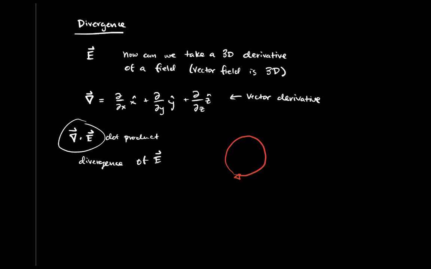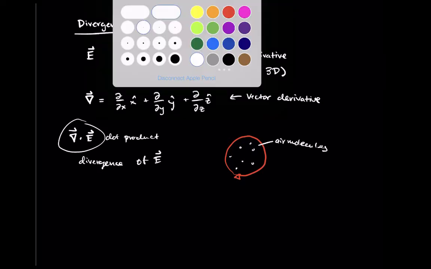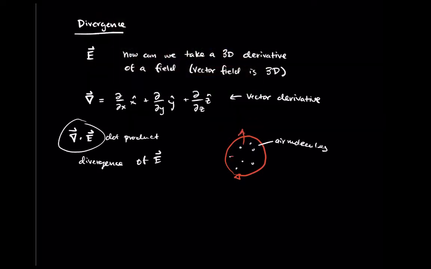If you heat up the balloon, what happens to the net of that vector field? Which way does it point? Outward. What happens to the balloon? It's bigger. You heat up the air, it all starts moving faster, but the net is going to go out. But if you cool it down, it goes in and gets smaller.